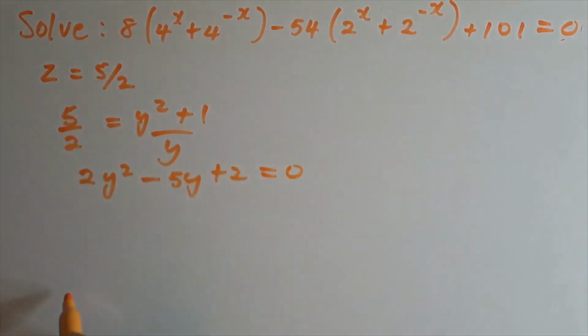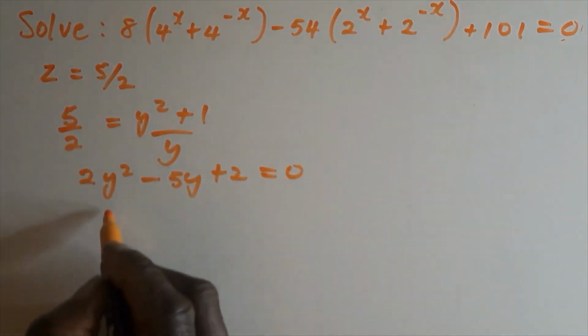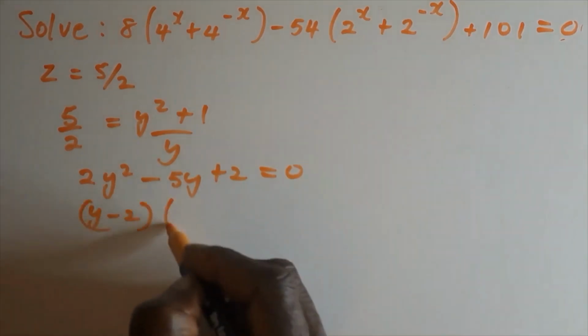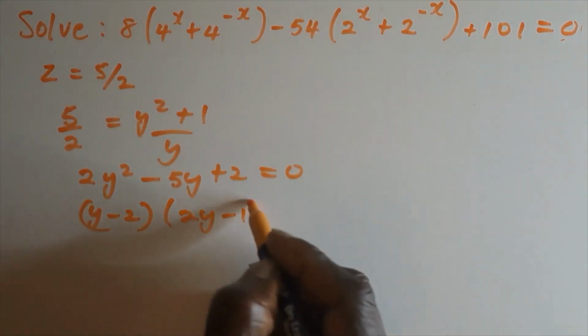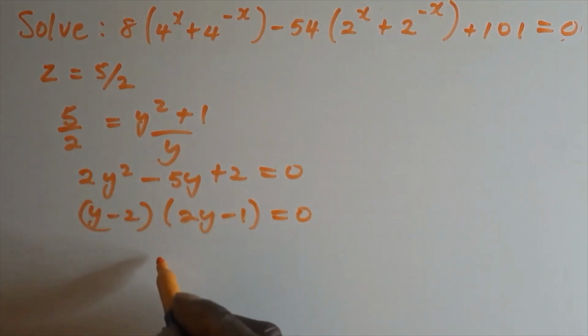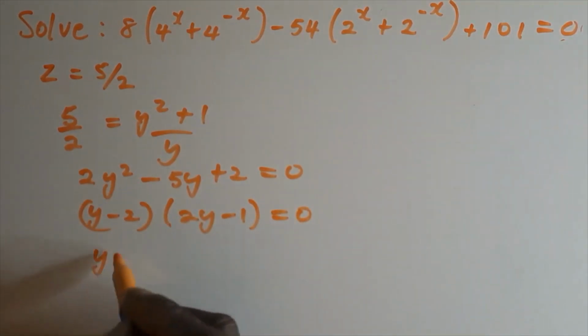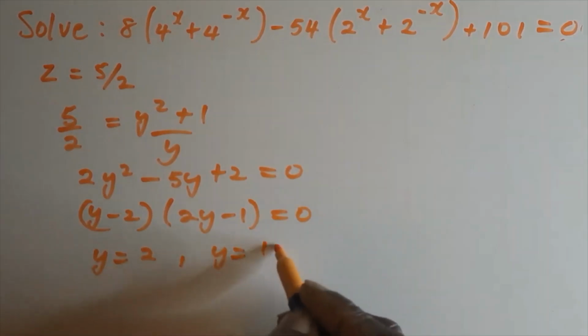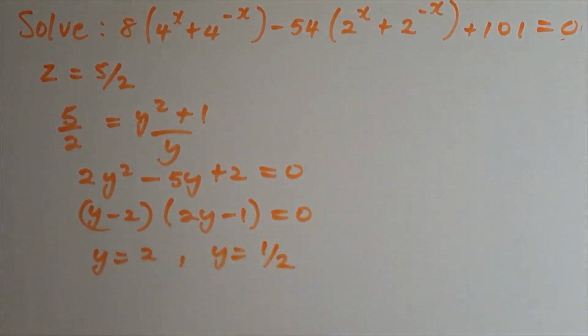We factorize this, we have y minus 2, 2y minus 1 equal to 0, giving us the values y equal to 2 and y equal to a half.